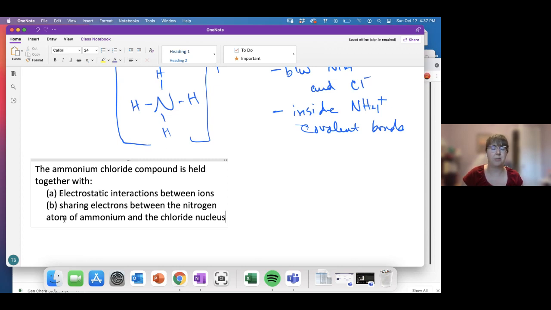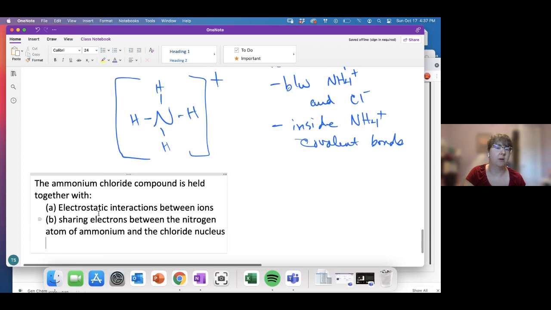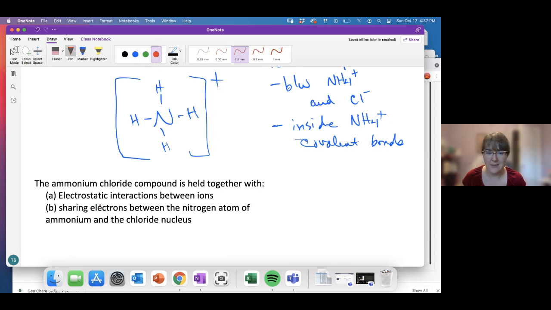This is not the best language ever, but hopefully you get the idea that we are asking you about the entire compound. So we're asking about the ammonium chloride compound itself, and then asking you essentially, does that count as something that's ionic, or does that count as something covalent? And again, we would actually count that as being something ionic, because we don't actually have electrons being shared between nitrogen and chloride. So this part where there's electrons shared between the nitrogen and the chloride, this does not happen.